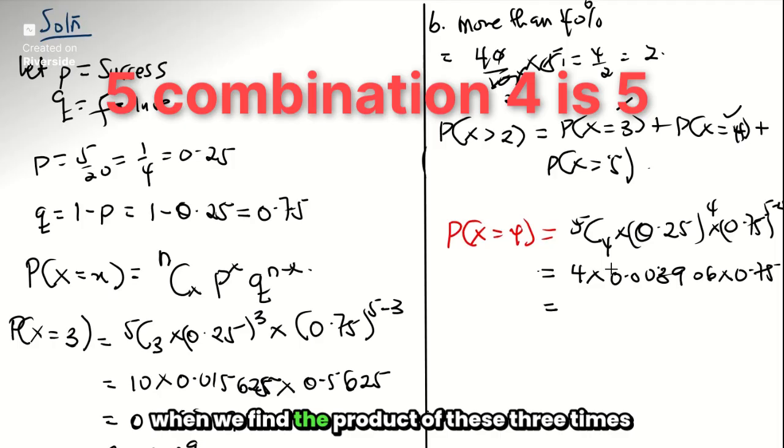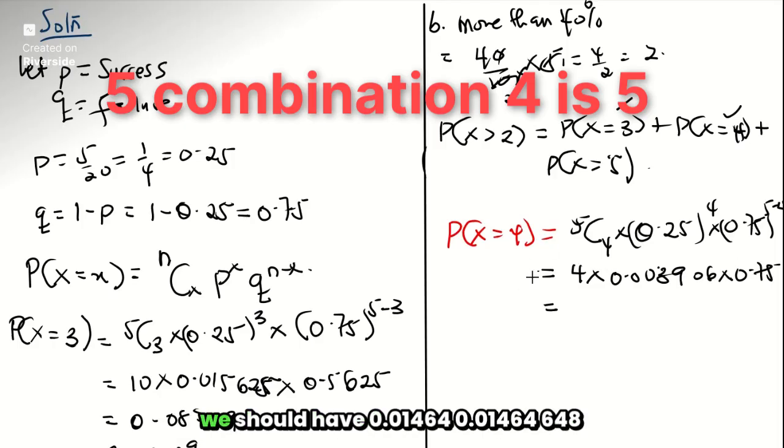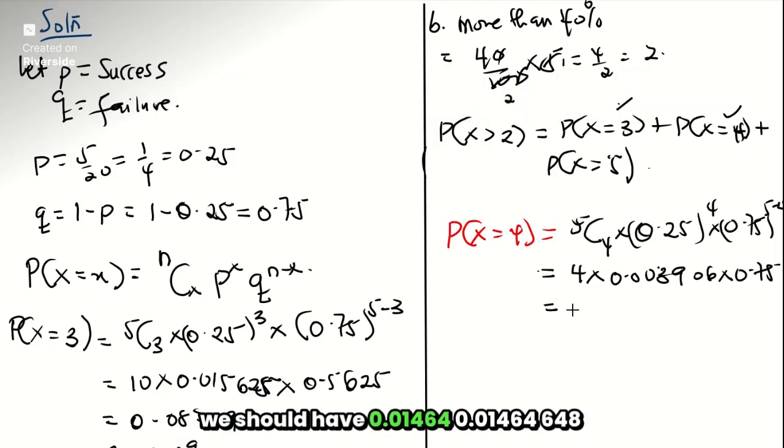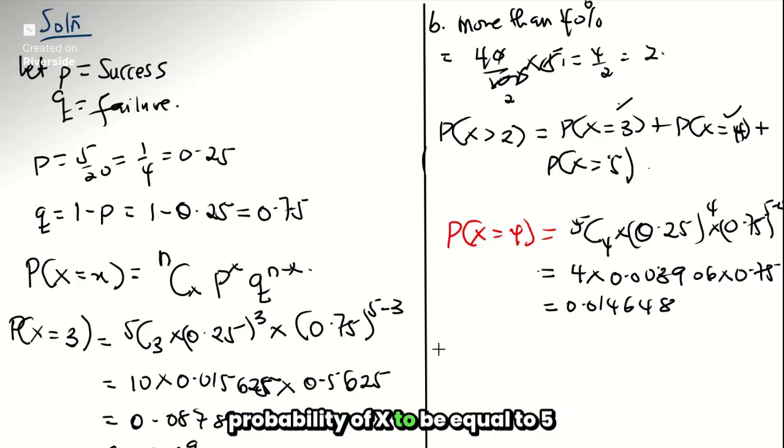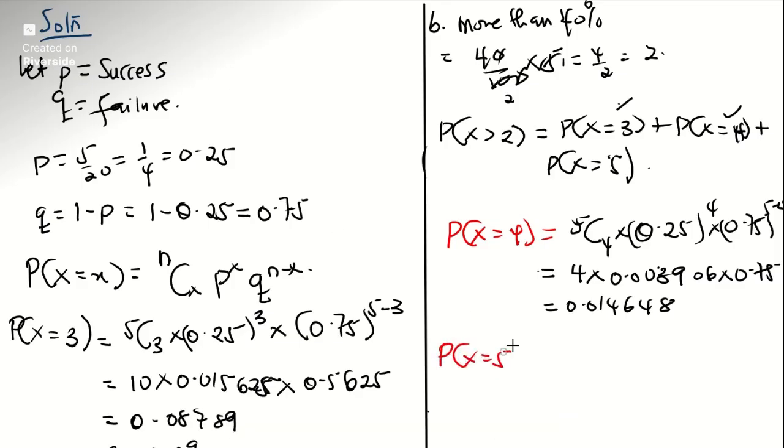When we find the product of these 3 terms, we have 0.01464.